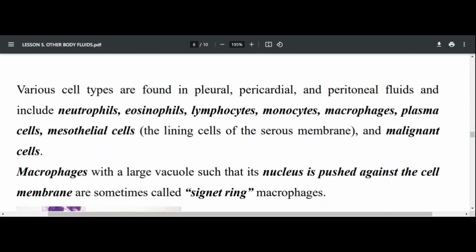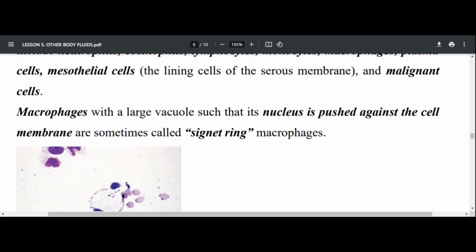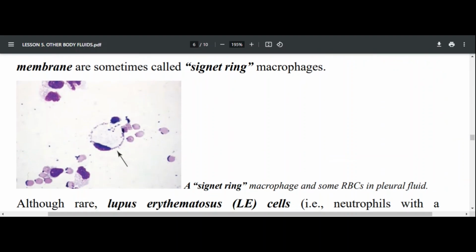Malignant cells, of course, are sometimes metastatic cells from other neoplastic disorders like leukemia, lymphomas, and many other tumors. Macrophages can be seen with large vacuoles such that the nucleus is pushed against the cell membrane, and when you see them in these fluids, they are called signet ring macrophages.